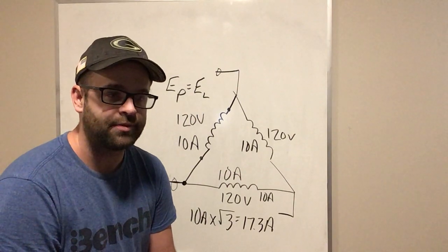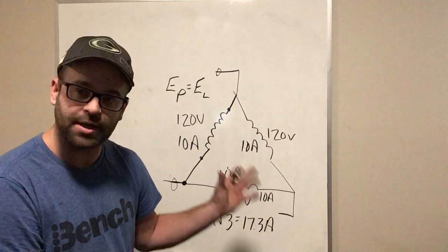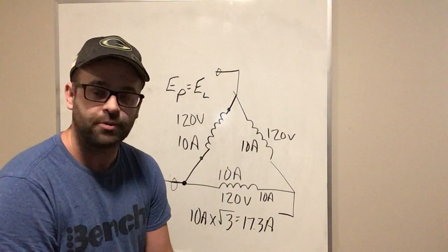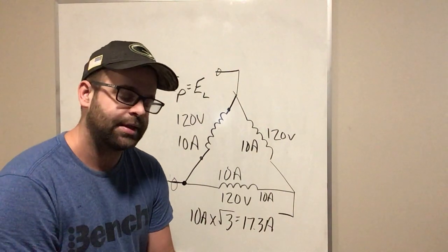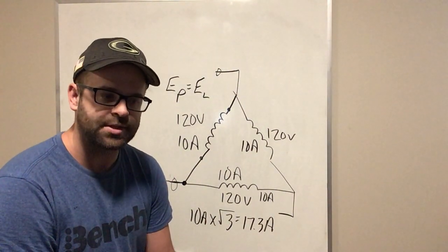Then I'll go to 3-phase alternators, which is just an extension of this and how they work. And then we go to 3-phase motors. And after that, we'll finish off with single-phase motors.